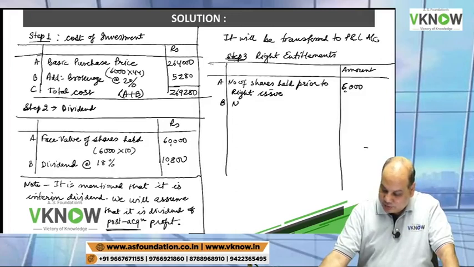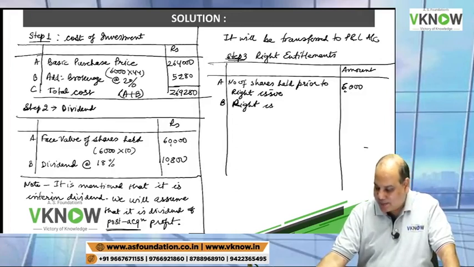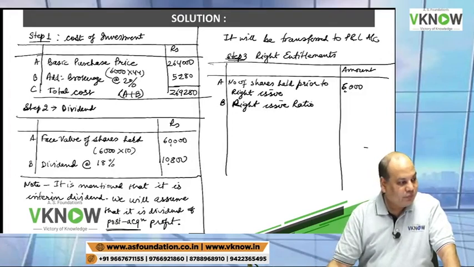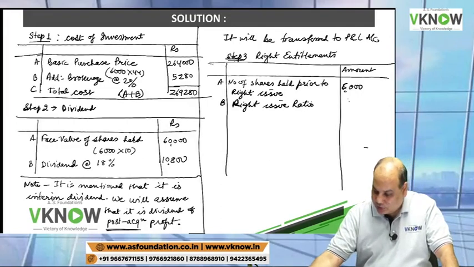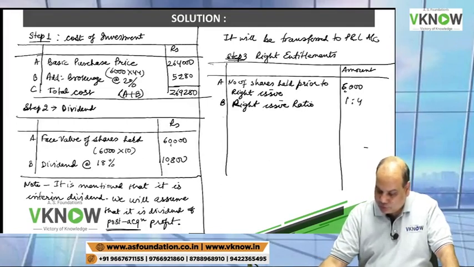Then you write down right issue ratio. What is the right issue ratio? Paragraph last, 15th March: one share for every four equity shares held. 1 is to 4.